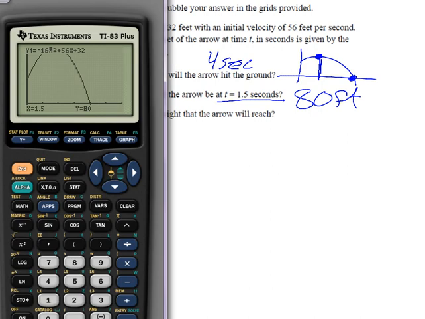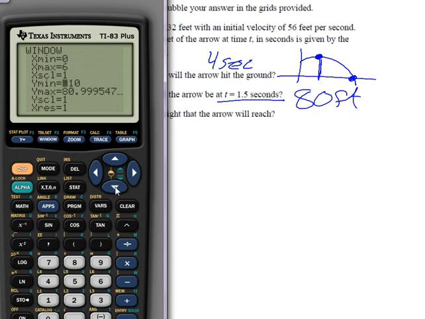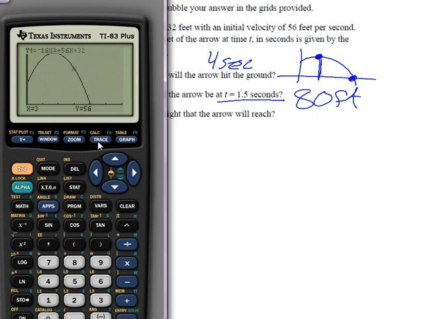For the maximum height, what we could do is take our 2 zeros, find the midpoint, and that'll give us the x-coordinate of our vertex, and plug that into our equation and get the y-coordinate. But since, again, we're lucky enough to have our calculator here, I can go to second trace, and go to my maximum, and then just do left bound, and then right bound.